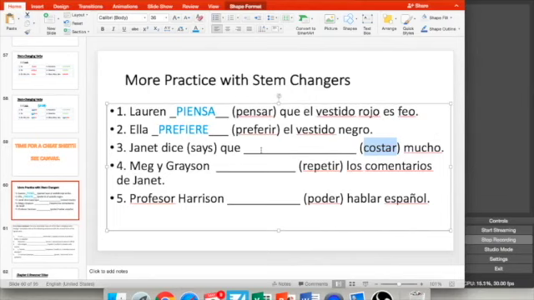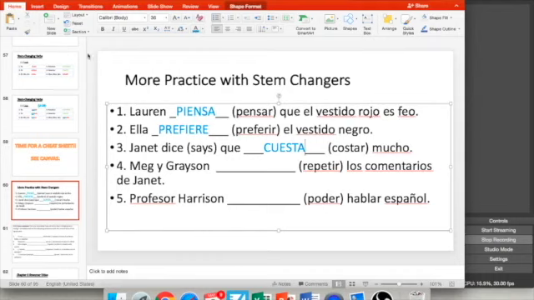So it, as you recall, probably from a previous lecture, is our bottom left box in Spanish, that he, she, it box. So in this case, costar, I'm going to go ahead and change my O to a UE. I get cuestar. If I chop off my AR to say that it costs for my bottom left box, I'm going to add back an A. Janet says that cuesta mucho.